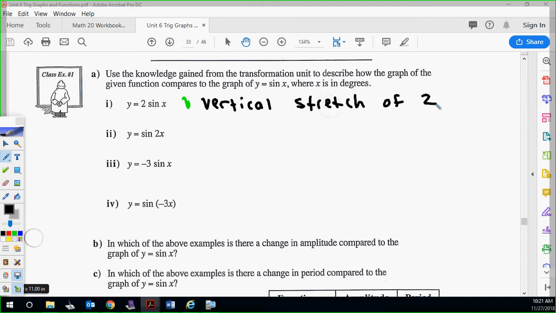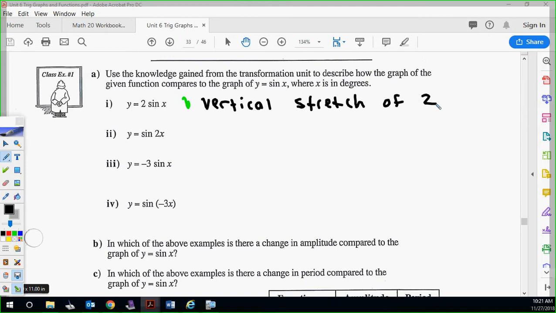So that means your sine curves are taller. Now, does that affect their period? Is it going to shrink them at all? No, they're just going to go higher. Those curves are just going to hit a higher spot, but they're not going to happen more frequently or less frequently.